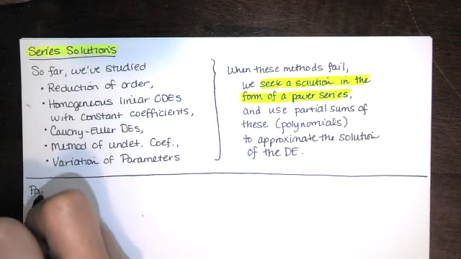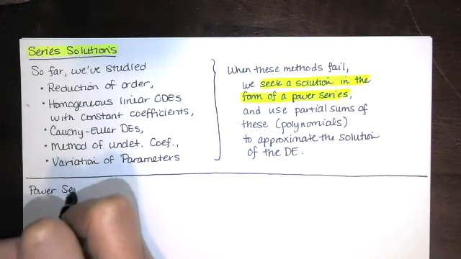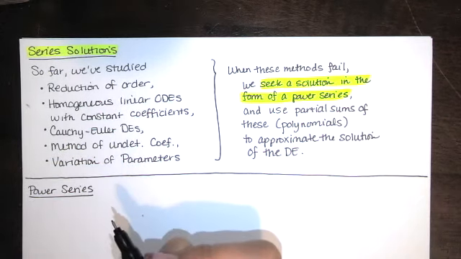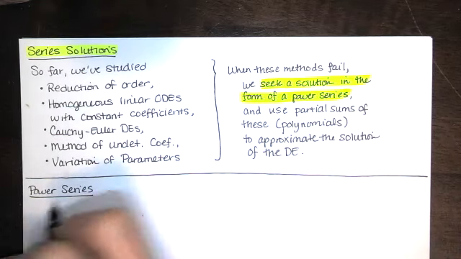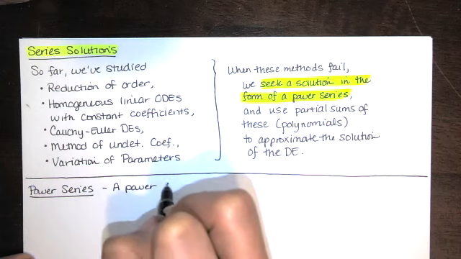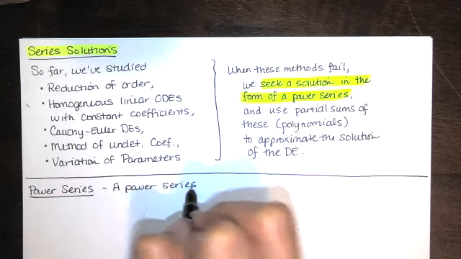So here is our first definition. A power series is an expression of the following form.